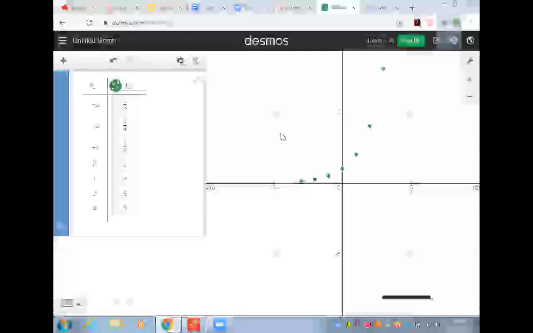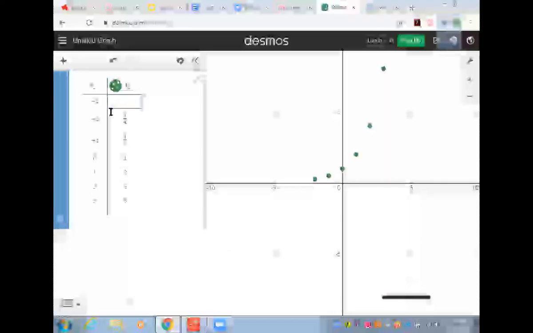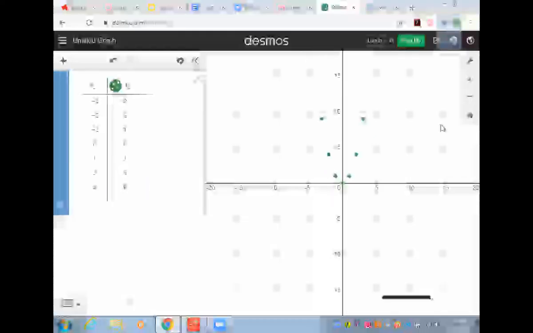I wanted to go back here to Desmos and talk about how you might be able to find an equation if you were given a table. Let me get a better example here. All right, so I want to get a quadratic one, something we're really familiar with.